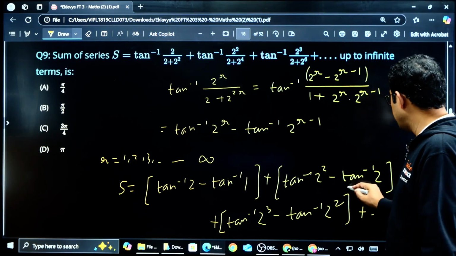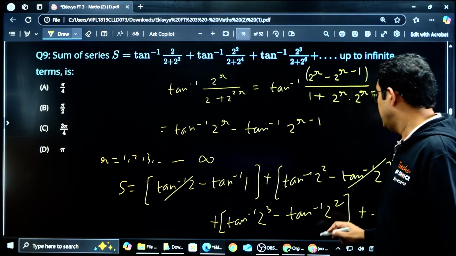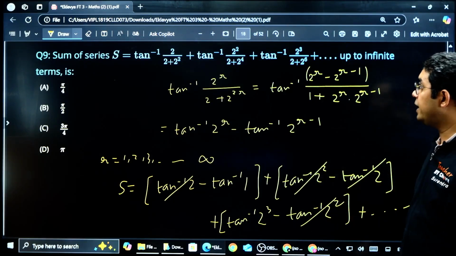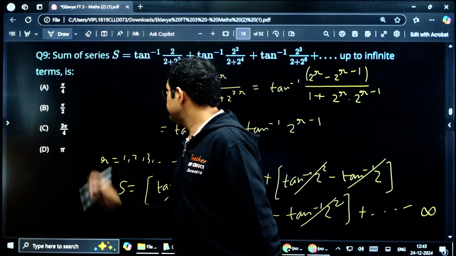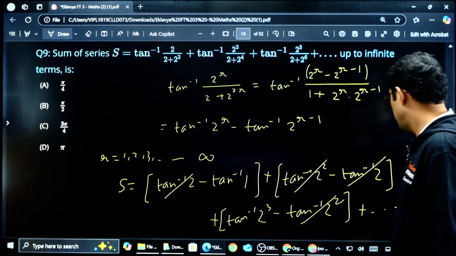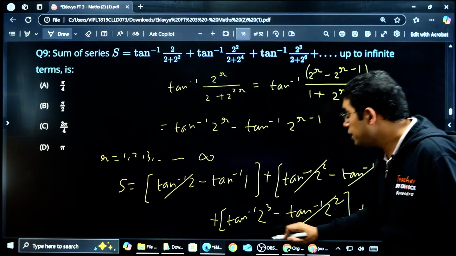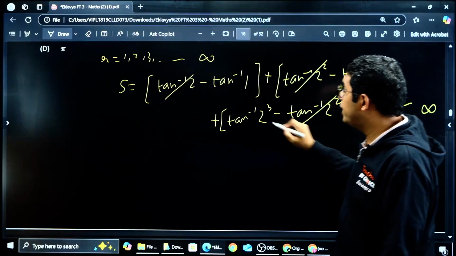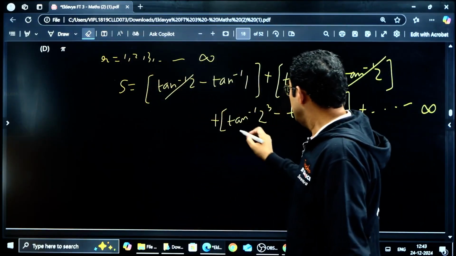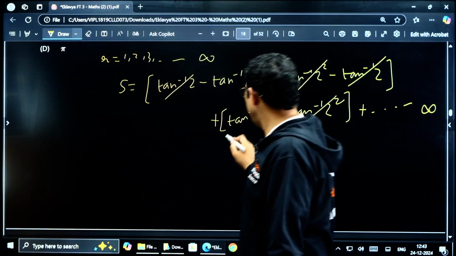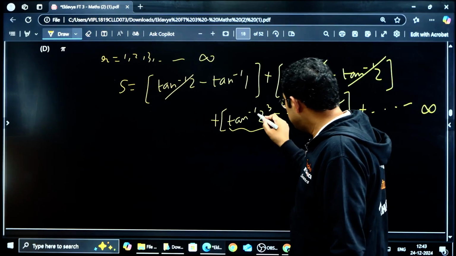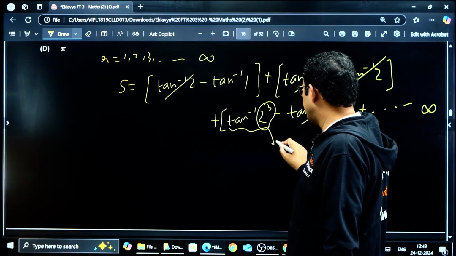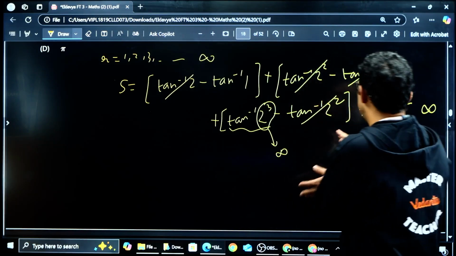So here you can check this tan inverse 2 is getting cancelled with this. Tan inverse 2 power 2 is getting cancelled with this, and likewise all terms will get cancelled. We will be left with just one term here, and the one last term in this bracket. As we keep increasing the value of R, the term here will be 2 power n with n tending to infinity, which becomes infinity.